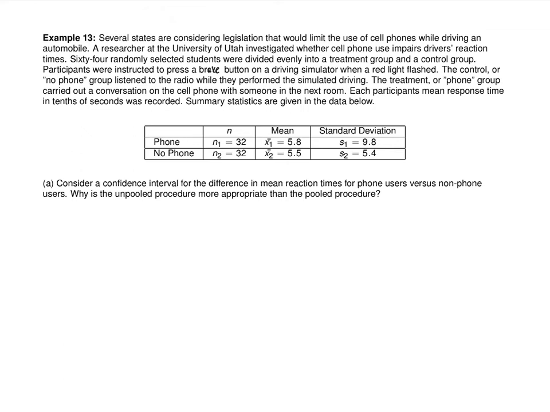Each participant's mean response time in tenths of seconds was recorded, and summary statistics are given below. So first of all, consider a confidence interval for the difference in mean reaction times for phone users versus non-phone users. Why is the unpooled procedure more appropriate than the pooled procedure? Well, remember that the pooled procedure assumes equal standard deviations.